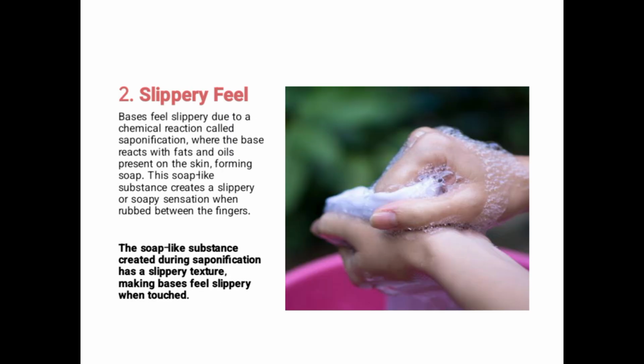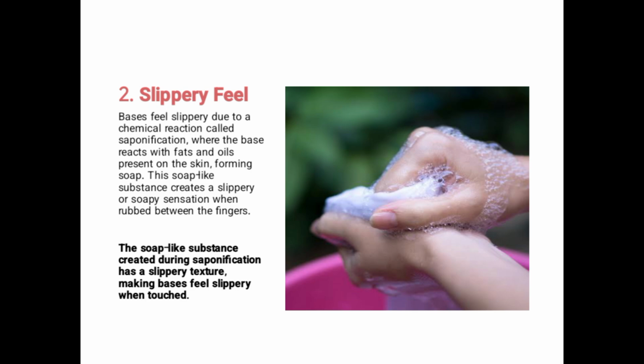Secondly, bases generally have a slippery or soapy feel. When you feel them, it looks more like a soap. And this is an example you see in the picture. They are slippery in nature due to a chemical reaction called saponification, where the base reacts with fat and oil present on the skin to form soap.